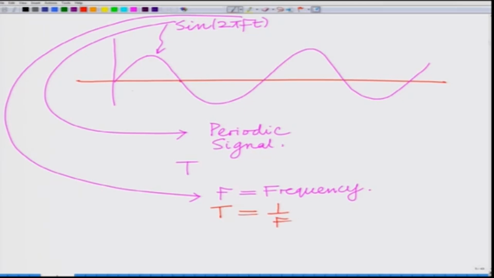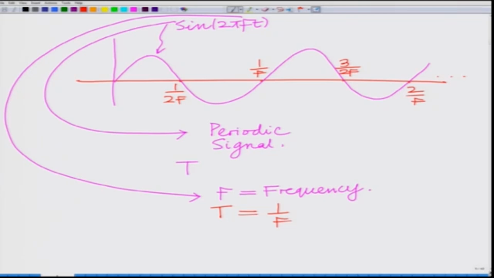So, this point is 1 over 2 f, this point is 1 over f, this point is 3 over 2 f, this point is 2 over f and so on. Okay. So, this is basically the sinusoidal signal, alright.